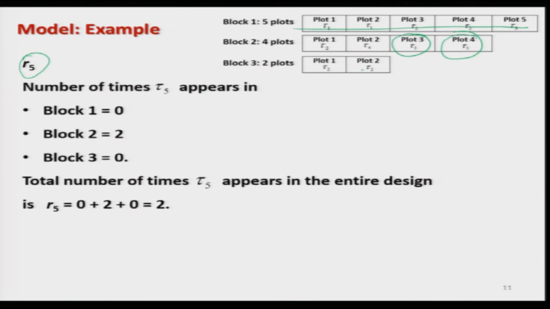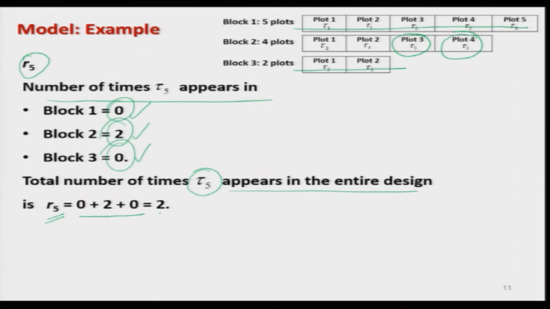And in block number 3, tau 5 is not appearing at all. So, I can express that the number of times tau 5 appears in block number 1 is 0, block 2 is 2 and block 3 is 0. So, the total number of times treatment number 5 is appearing in the entire design is indicated by the value R5, which is 0 plus 2 plus 0, equal to 2.